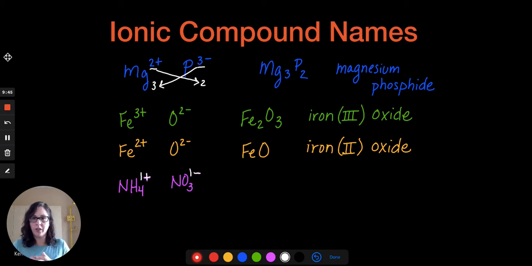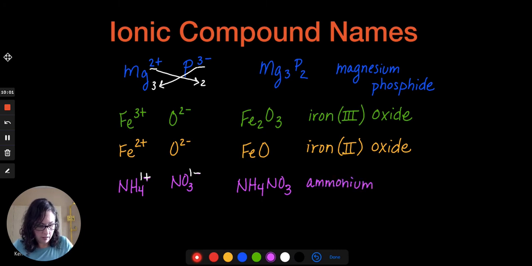So when we crisscross those, we still have a 1-to-1 ratio. And so our formula is going to be NH4NO3, and this is ammonium nitrate. Okay, NO3 with a -1 charge is nitrate on that list.